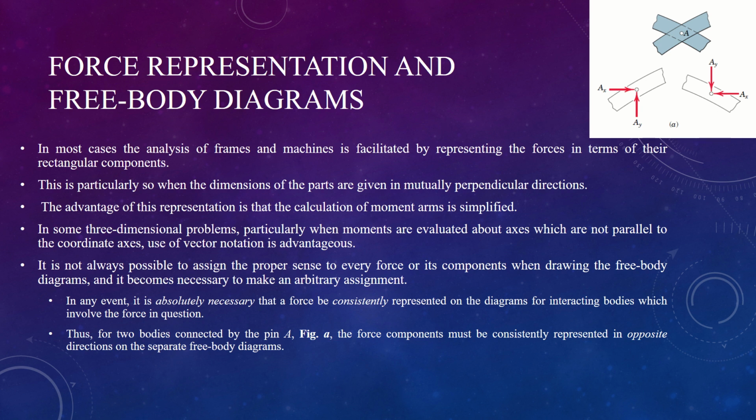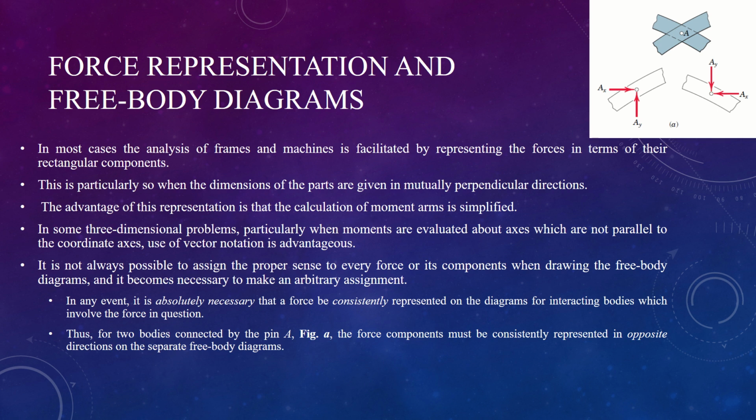Now, it is not always possible to assign the proper sense for every force or its components when drawing the free body diagram, and it becomes necessary to make an arbitrary assignment. In any event, it is absolutely necessary that a force be consistently represented on the diagrams for the interacting bodies which involve the force in question. So, take two bodies connected by a pin A as shown here.